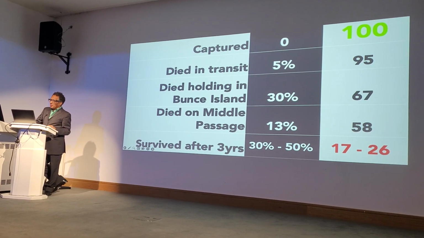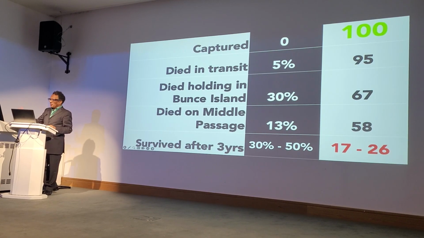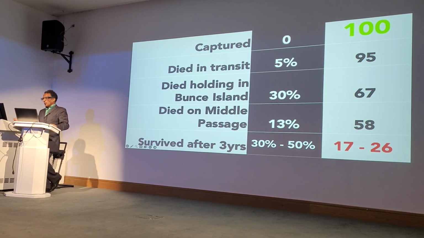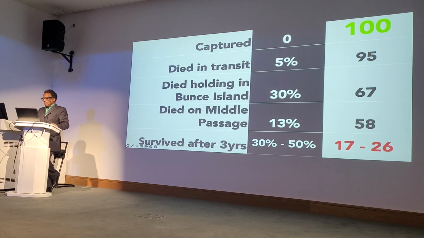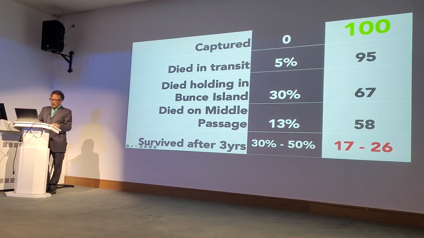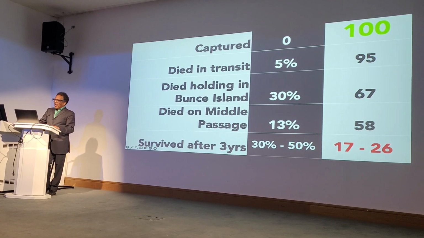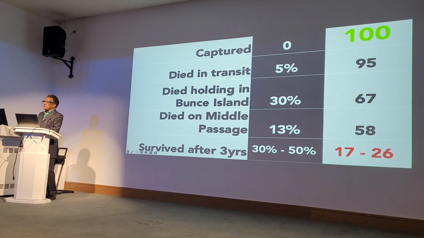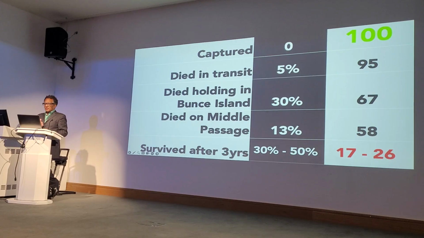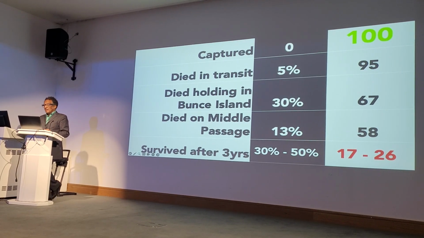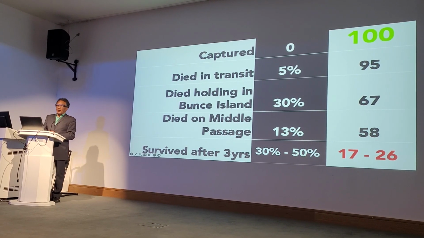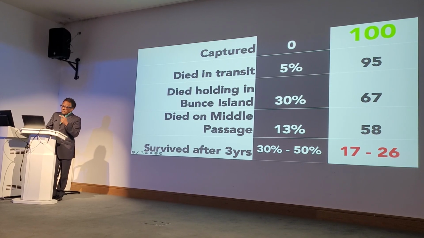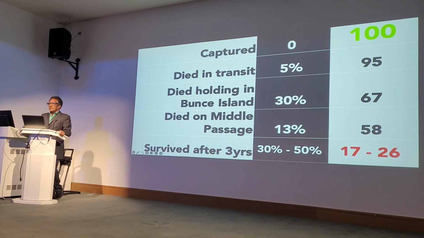Slaves were captured in many ways: in wars, from villages, they were stolen, but they were captured from Africa and traded by Africans to white people. In capturing those slaves, something like 5% died en route to the coast. So about 95 made it to the coast.